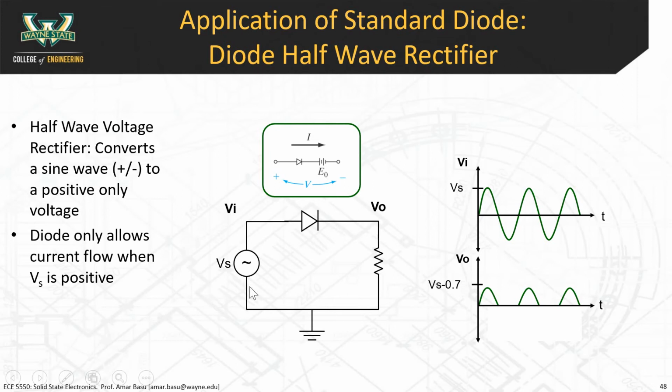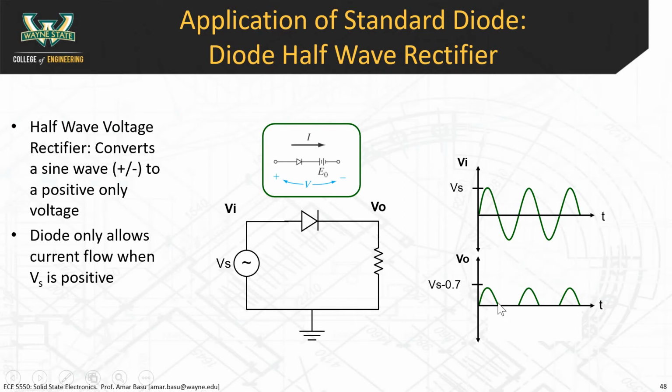Imagine that your input voltage is Vs, and you're right here on the graph. There's a 0.7 volt drop across the diode, so your VO is Vs minus 0.7, so it's a little bit less than that. So when the input voltage is above 0.7 volts, the output tracks it. It's just a little bit smaller than it.